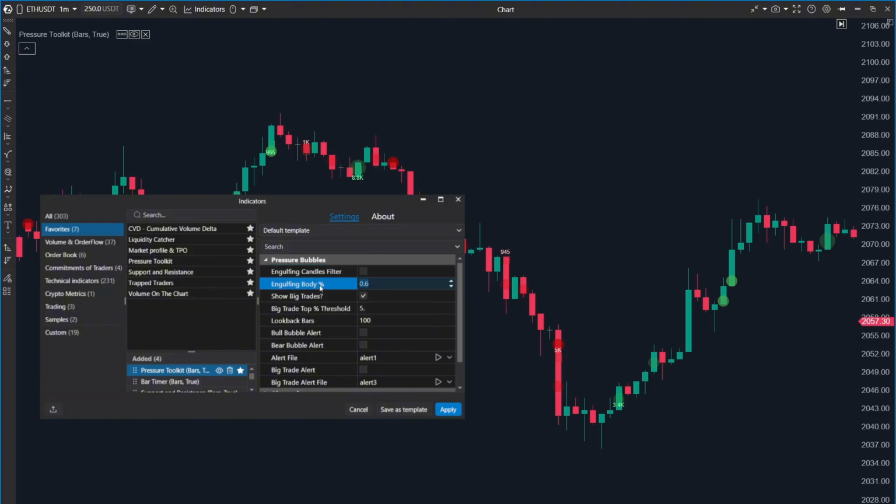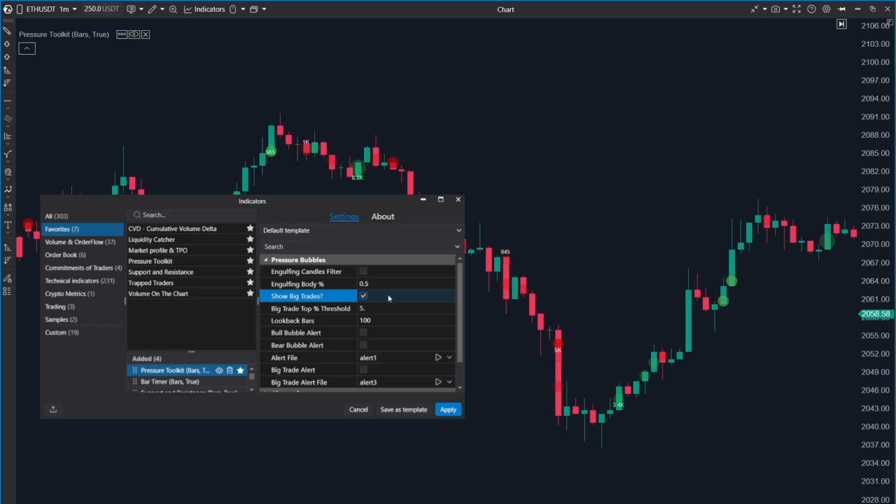So if you set this to 1, it will only show you candles with pressure bubbles that are completely engulfing candles. They don't have a lower wick or an upper wick. By default, this is set to 50%, which just means that 50% of the candle size is the candle body. I personally don't keep this on, but if you want to, it's there.